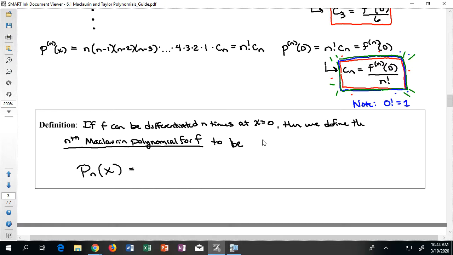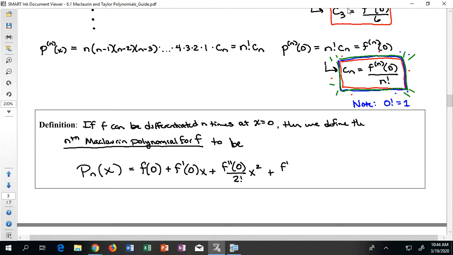And again, if I use the formula that I have right there for the c sub n's, I can tell exactly what all the coefficients should be. You should be able to use that formula to confirm that c0 is f of 0. c1 is f prime of 0, and then on times an x. c2 would be f double prime of 0 over 2 factorial, also known as just a 2.